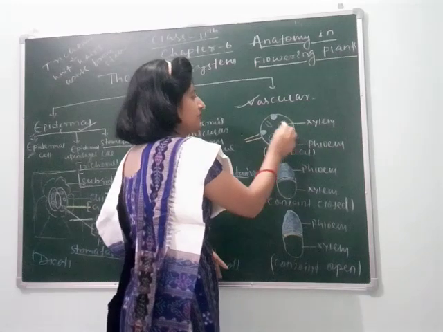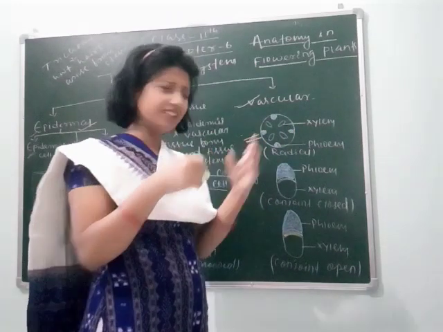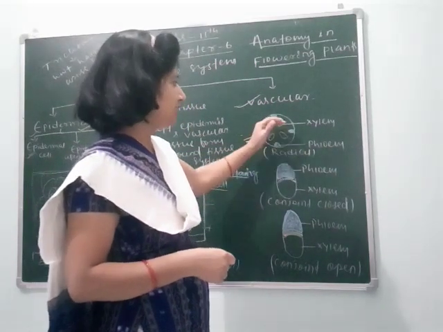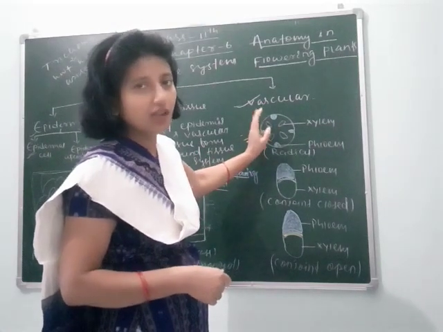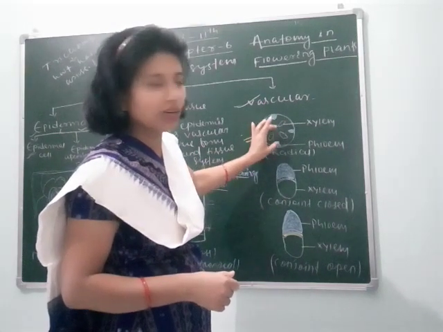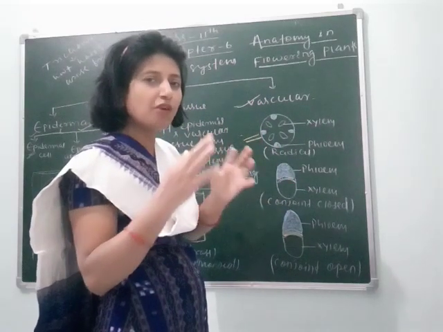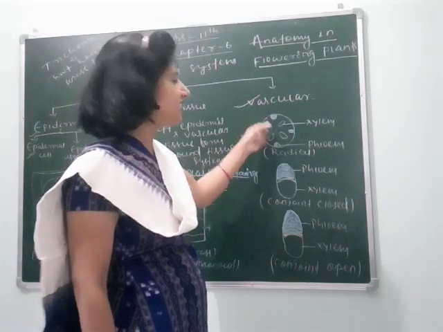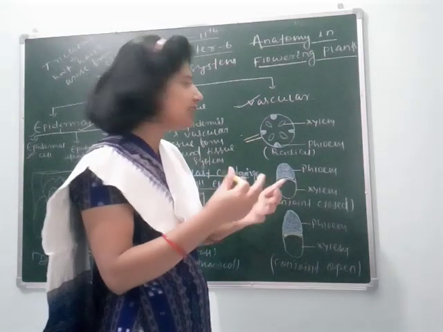Phloem, xylem, phloem, xylem, and so on. Within a circle, this type of arrangement of xylem and phloem is called a radial type of vascular bundle, in which the xylem and phloem are not found together. They are scattered, not joined to each other.